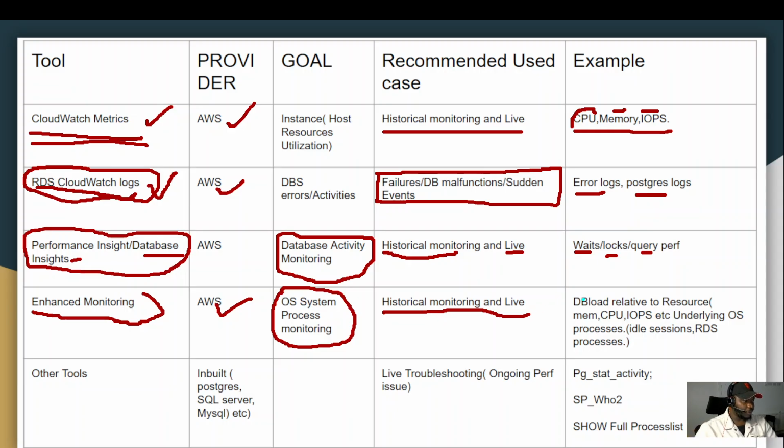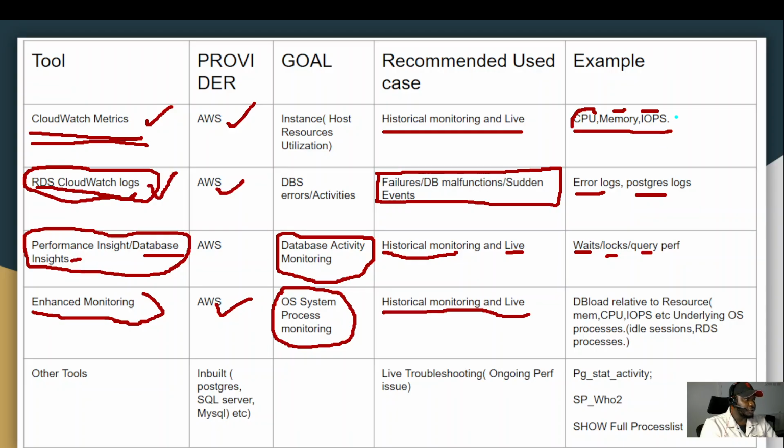Okay, and the good thing I love about enhanced monitoring is that you are able to get the DB load relative to operating system instance resources. So you can see freeable memory, and you can break down CPU utilization and see which process is consuming CPU, right?